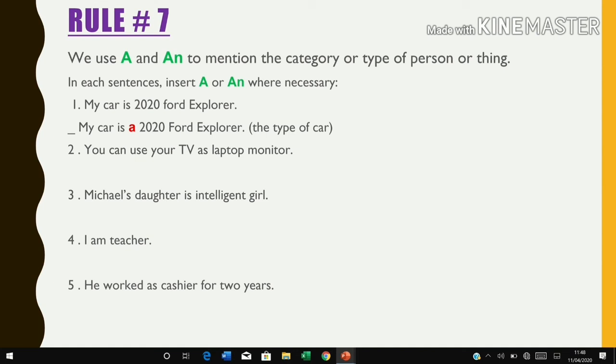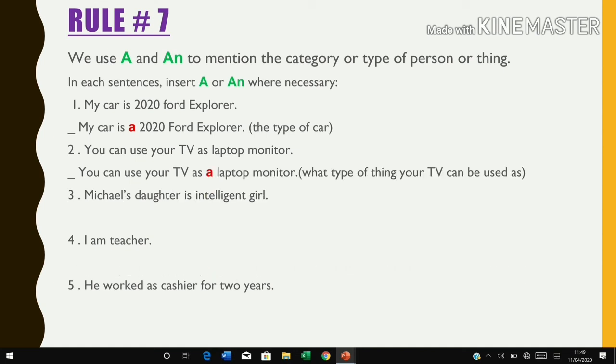The noun phrase, laptop monitor, says what type of thing your TV can be used as. Our TV is used as a laptop monitor. So we use "a" before laptop.